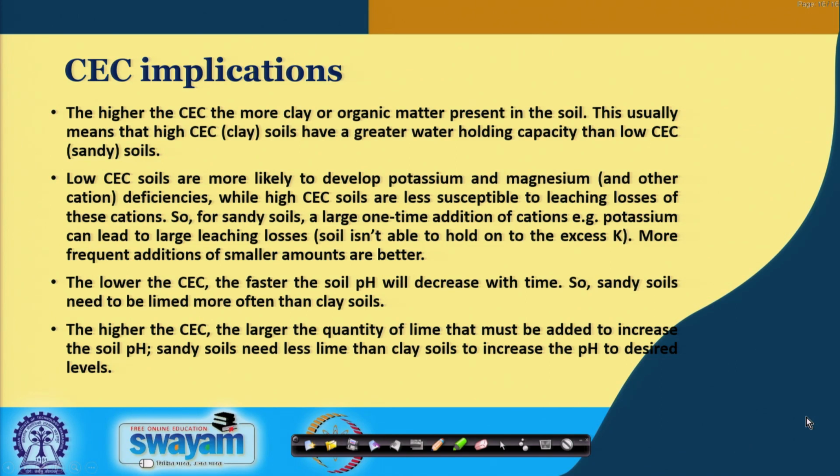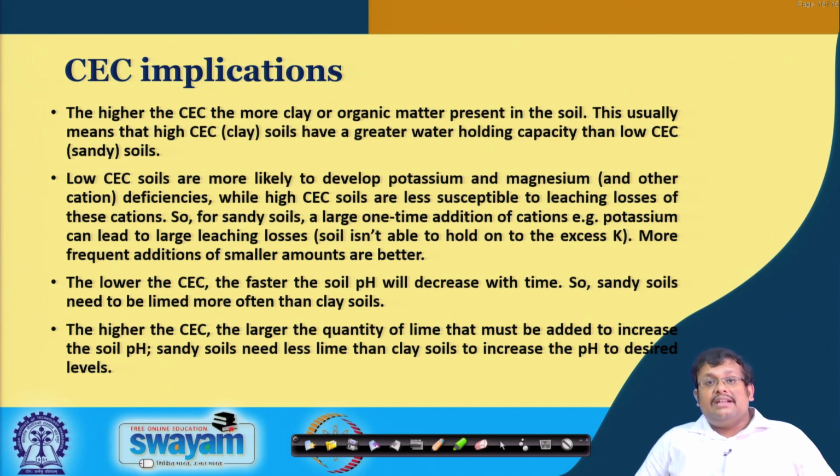Now, let us see another important thing, that is, implications of cation exchange capacity. If we see the implication of cation exchange capacity, the higher the cation exchange capacity, the more clay or organic matter is present in the soil. This usually means that high CEC clay soils have a greater water holding capacity than low CEC sandy soils.